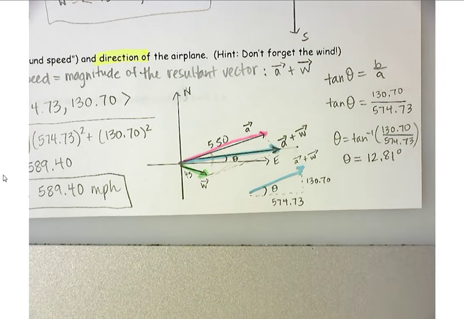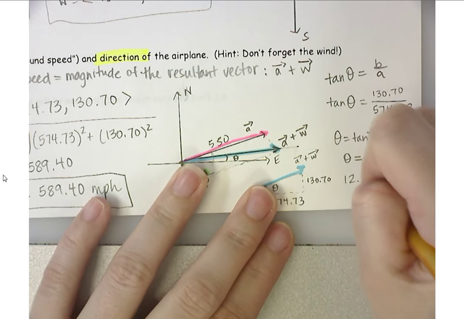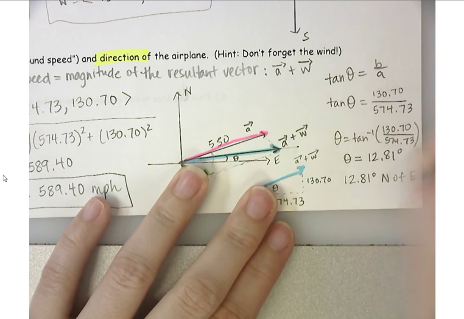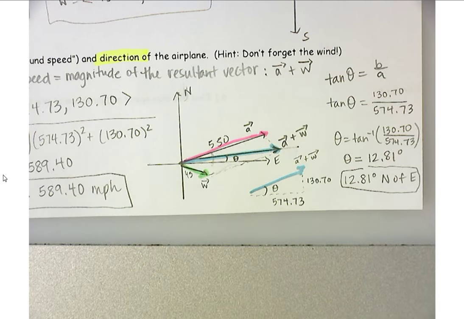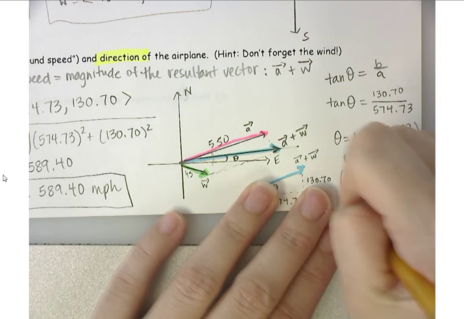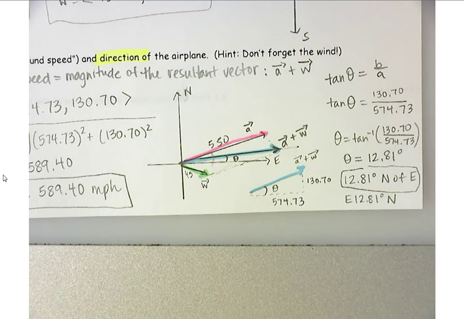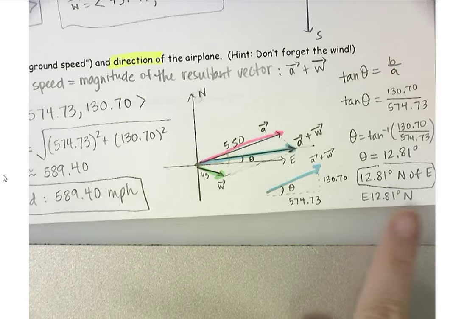So one way that I could say this is 12.81 degrees north of east. You could also say east 12.81 degrees north. You could also subtract that from 90, and then you could do north, whatever the complementary angle is, east.